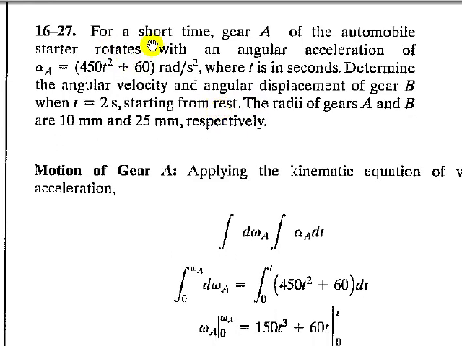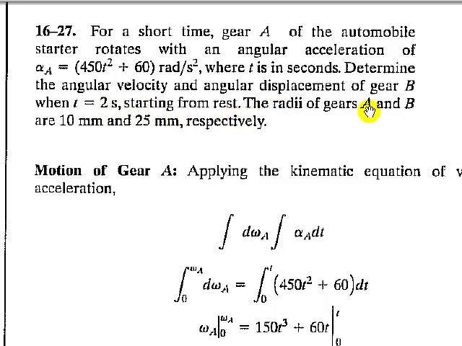Okay. For a short time, gear A of the automobile starter rotates with an angular acceleration of alpha A is 450 t squared plus 60 radians per second squared, where t is in seconds. Determine the angular velocity and angular displacement of gear B when t equals 2 seconds starting from rest.